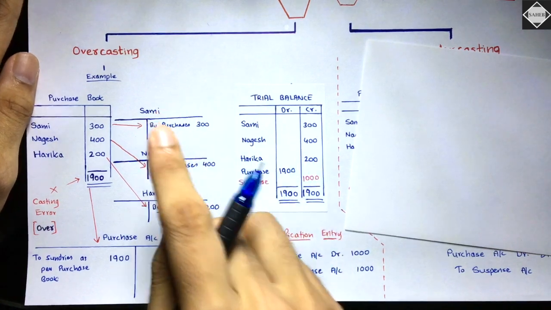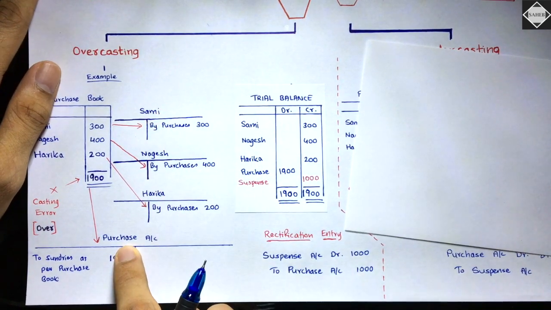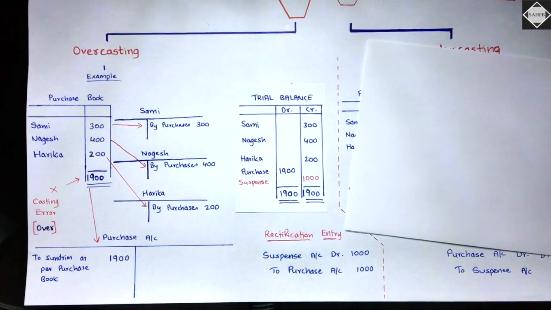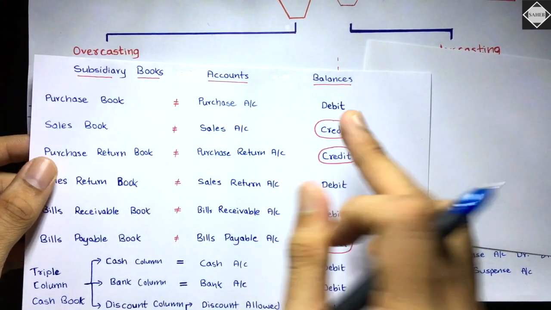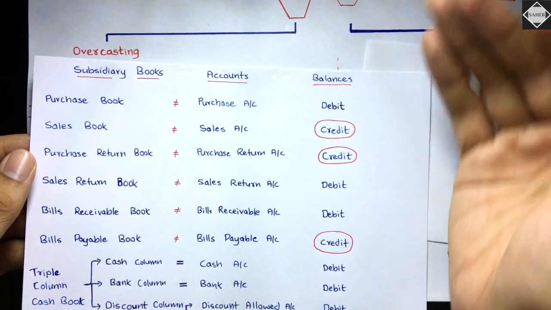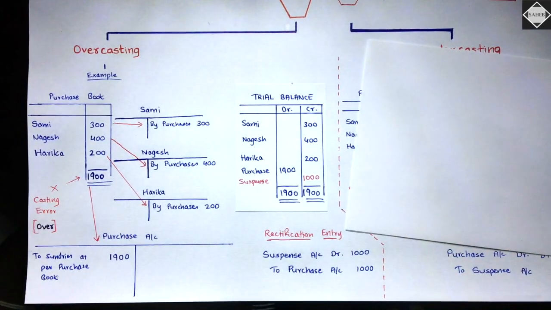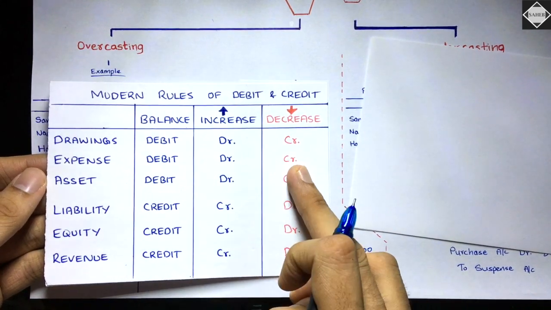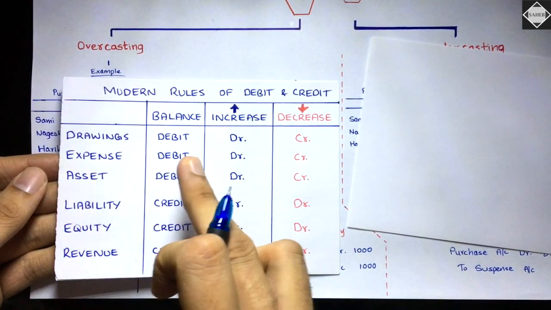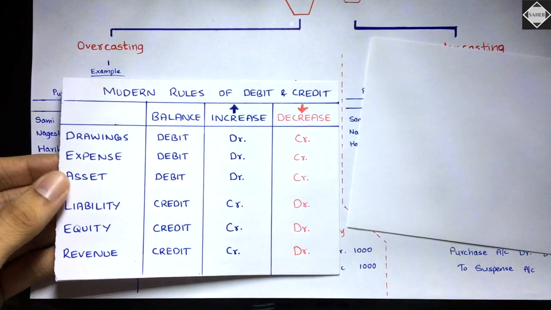Is that clear? So which balance does the purchase account have? It has a debit balance, right? To decrease the purchase account, you have to credit. Purchase is an expense, a debit balance. To decrease it, you have to credit.